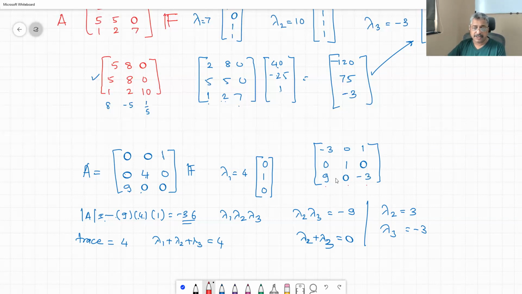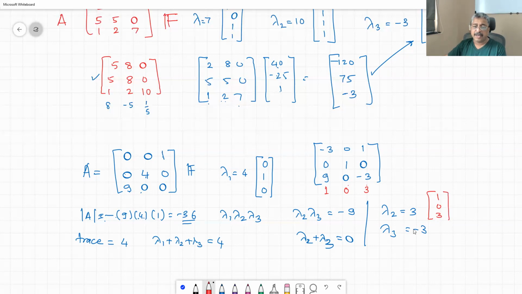It is very obvious that you take this 1 times, you take this 0 times, and you take this 3 times. And then if you add, all the 3 vertical columns are going to be 0, 0, 0. So for lambda 2 is equal to 3, our eigenvector is 1, 0, 3.